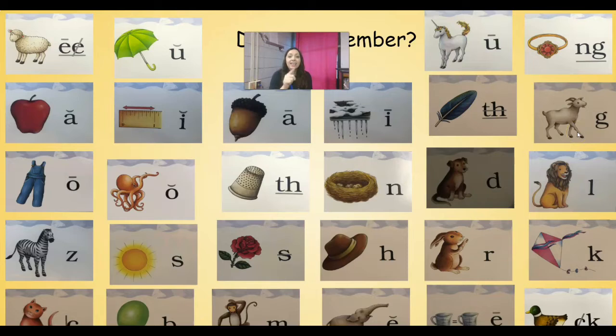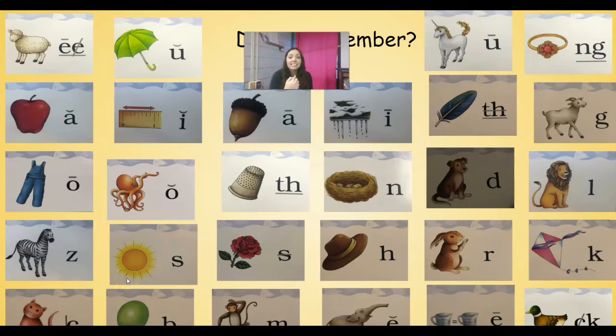Goat, G. Overalls, O. Octopus, O. Thimble, digraph TH. Nest, N. Dog, D. Lion, L. Zebra, Z.